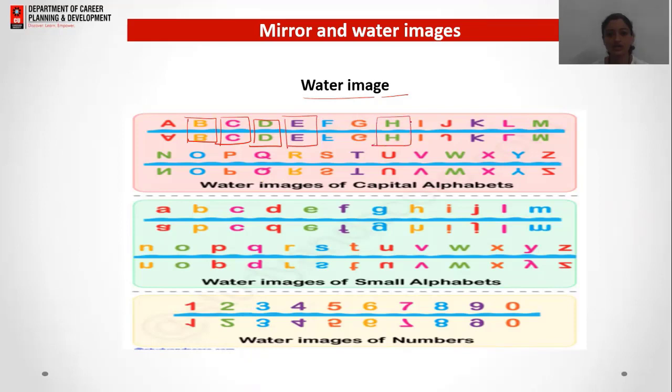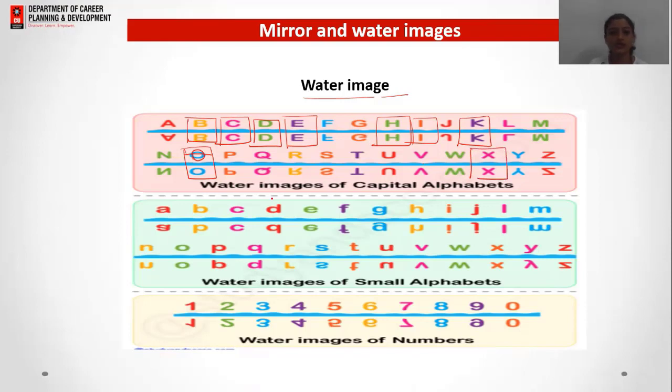So for these letters, their water image will be same. Because if we cut these letters from horizontal, their top and bottom becomes same. Their top and bottom remain same.